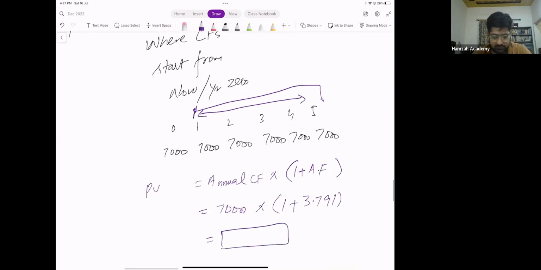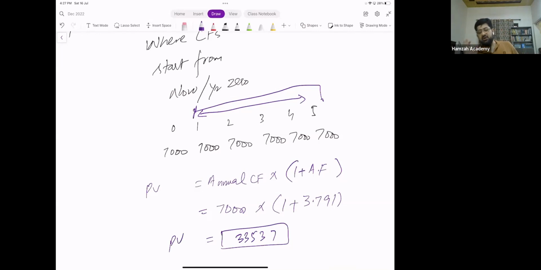Here will be the answer. 4.791. It is 33,537. This is the present value of annuity in advance.